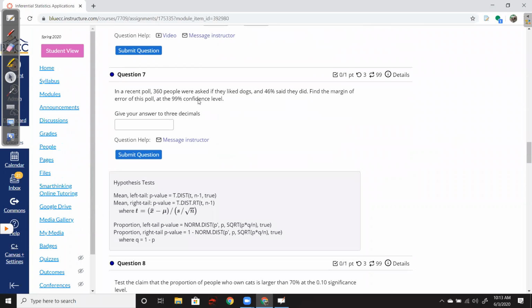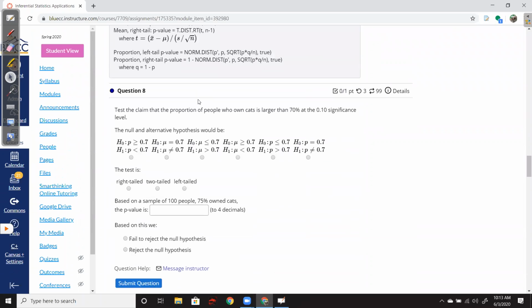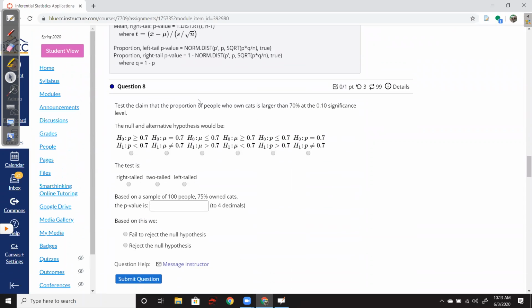Number 8. Test the claim that the proportion of people who own cats is larger than 70% at a 10% significance level. So again, reminder about a significance level: it is the probability of making a type 1 error. A type 1 error is where we reject the null hypothesis, but in reality, the null hypothesis was true, so we made a mistake.